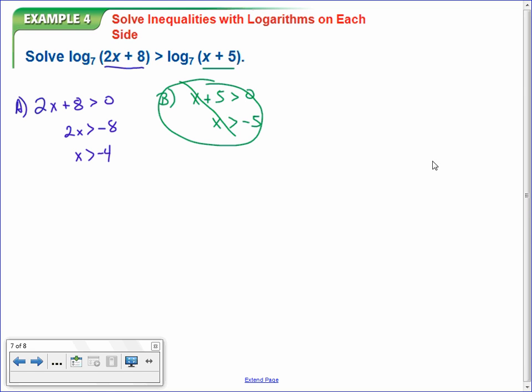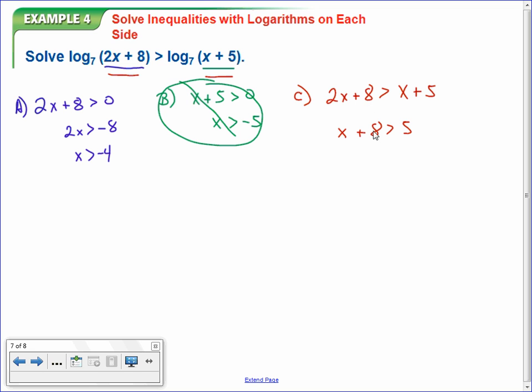Alright, now our last part is the overall problem, in which I use both this and this. I know that 2x plus 8 has to be greater than x plus 5. And the only reason I can do this is because, once again, the bases are the same. Now, to solve this, let's subtract x from both sides. 2x minus x is x.